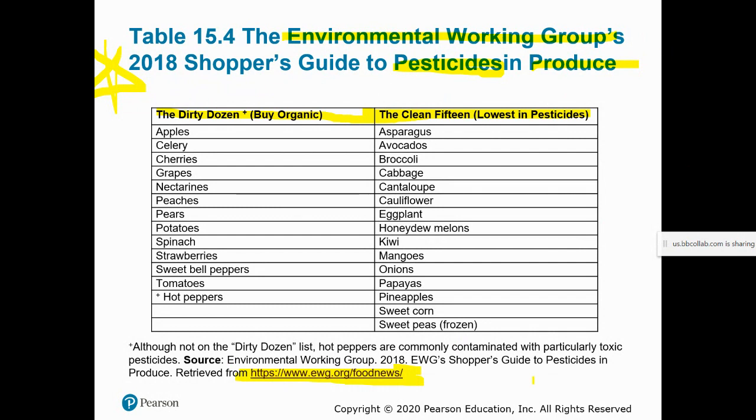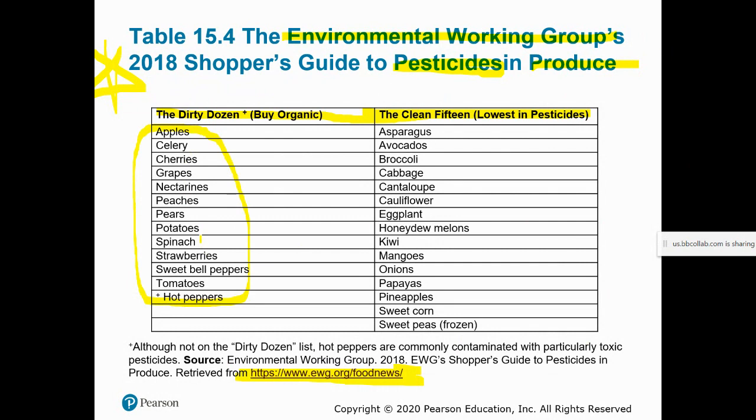The Environmental Working Group has done a lot of research to see where we have the most exposure to pesticides on our food. What it shows is that these 12 foods, if they're grown under conventional methods, retain the highest amount of pesticide on their skin or in their flesh.